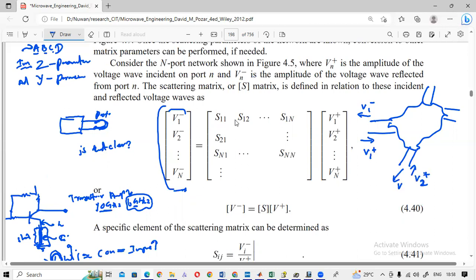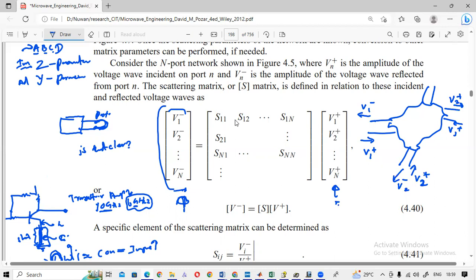So this is the third port, the input is V3 plus, and the output will be V2 plus. So you can write the voltage and current like this. Here first we write the reflected voltage matrix, and here we write the forward voltage matrix.